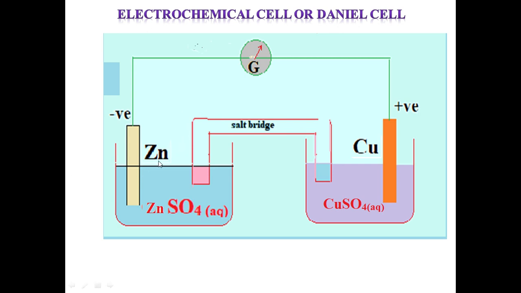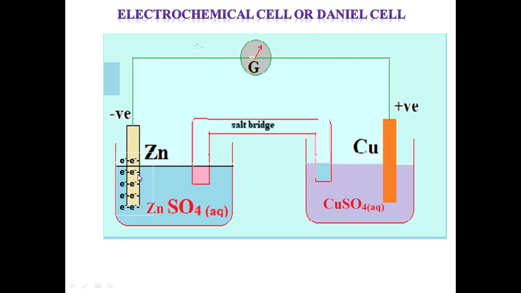By the oxidation of zinc, Zn is dissolved inside this solution and released as Zn2+ ion along with two electrons. Those electrons continuously accumulate on this electrode.